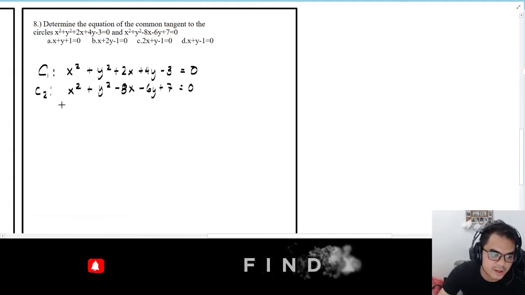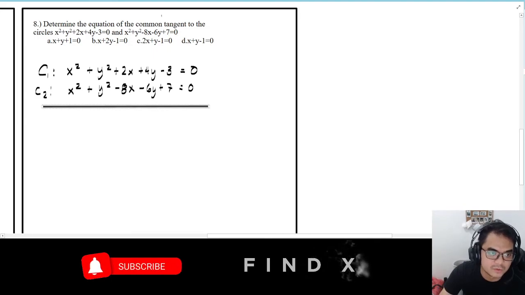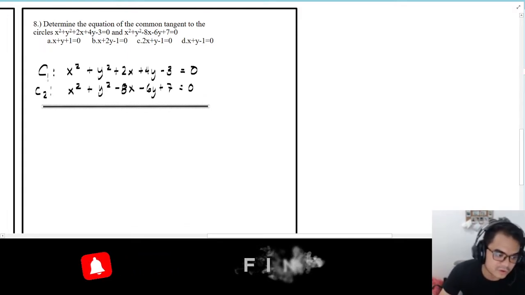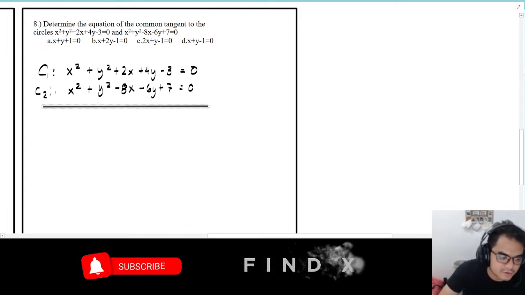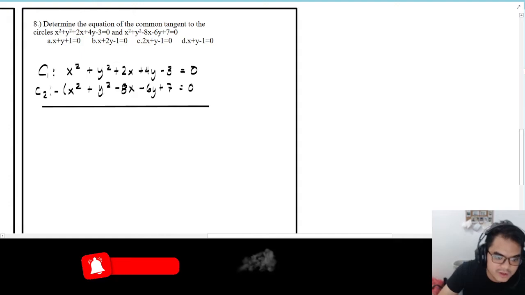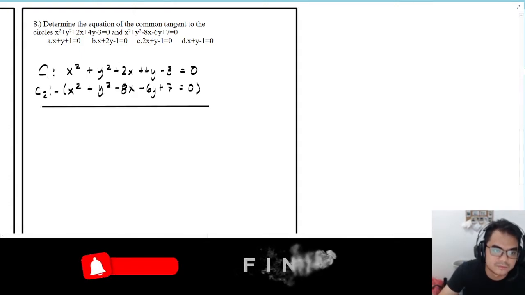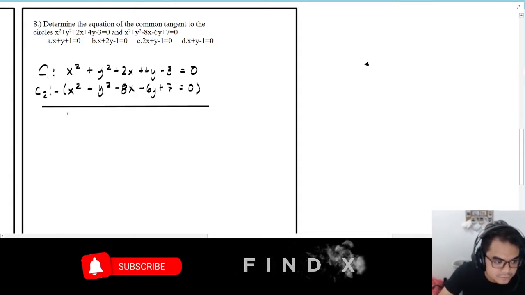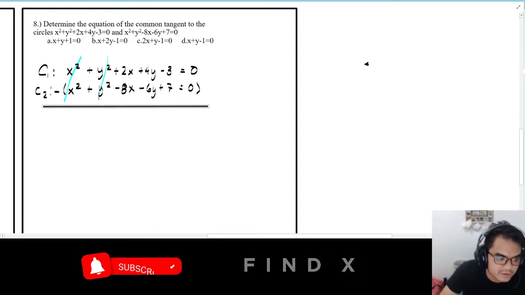So I'll just put a line here because we'll be subtracting these two. If you interchange, like you make the C1 your C2 or C2 your C1, you still get the right answer. So this is minus, right? Therefore, I have to change all the signs here on the second circle. So this will be cancelled, right? And this is cancelled.